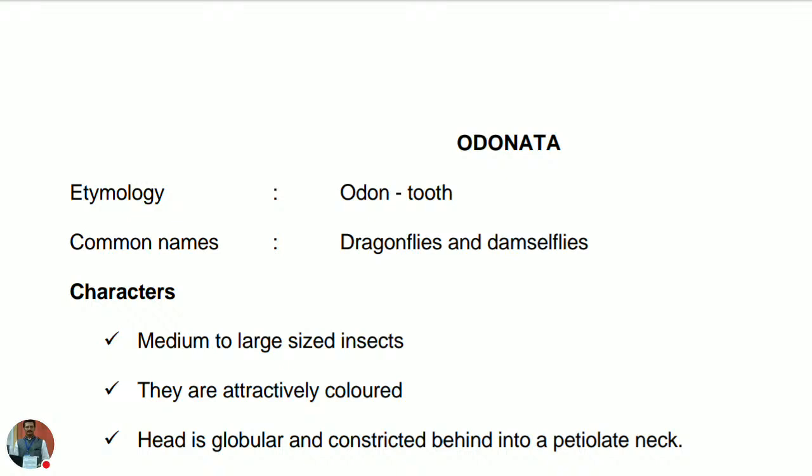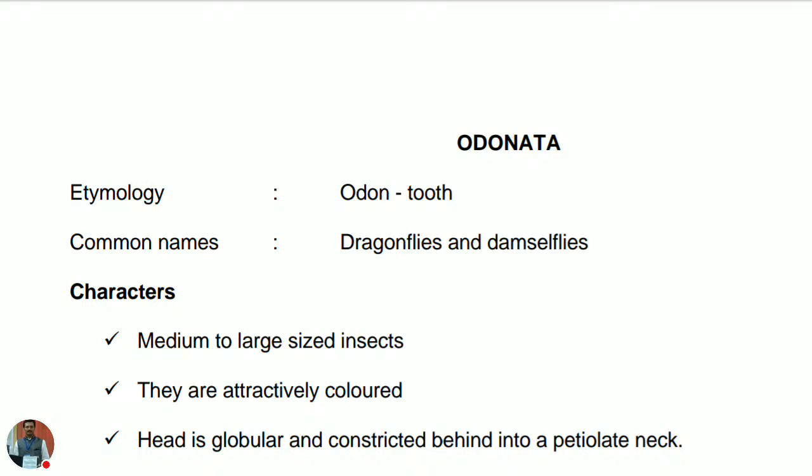The topic today is regarding the order Odonata, and the name Odonata is derived from Odon, which means the teeth, and the common names for this order having the members, the dragonflies and the damselflies.